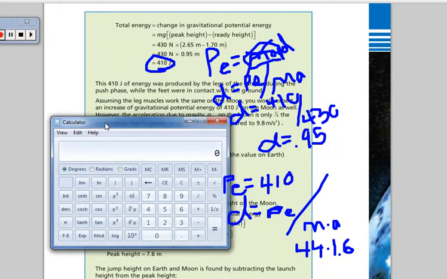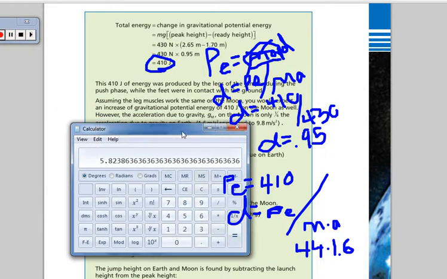We do 44 times 1.6, and we get 70.4. So now if we do 410 divided by 70.4, we get 5.8 meters.